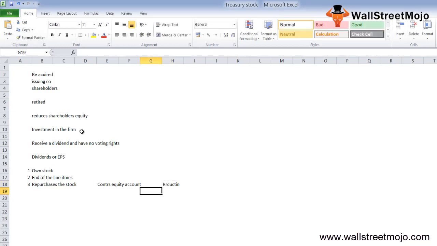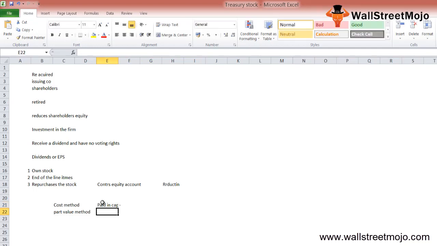There are two methods of accounting for treasury stock: the cost method and the par value method. In the cost method, the paid-in capital is reduced in the balance sheet when treasury stock is purchased.